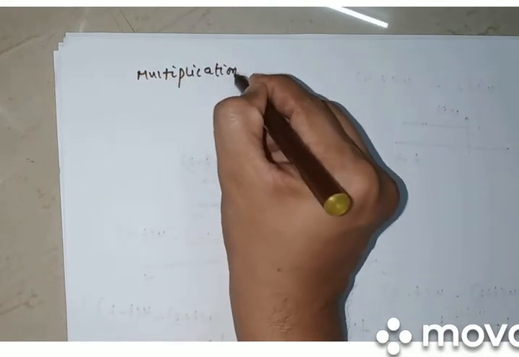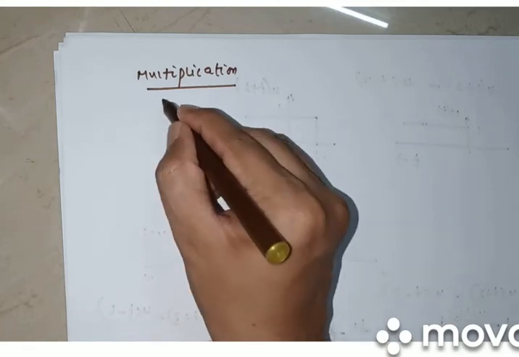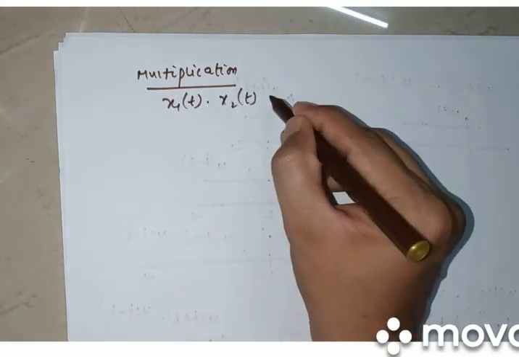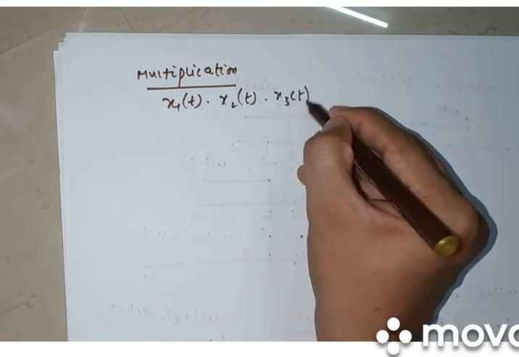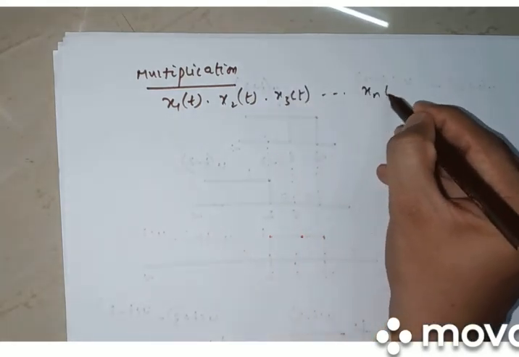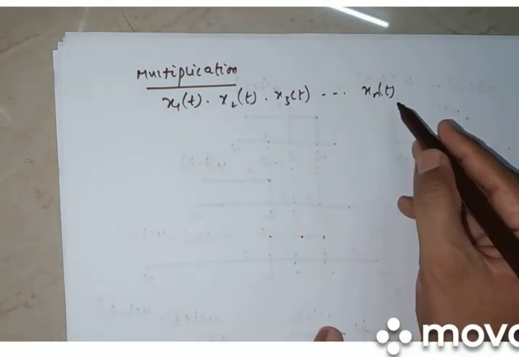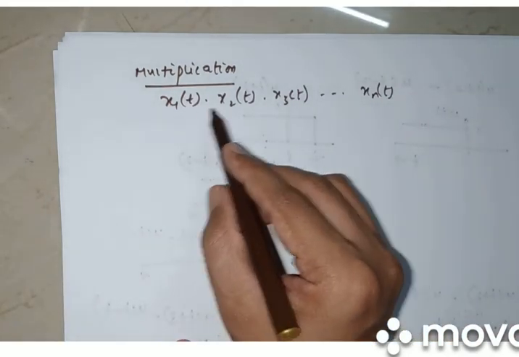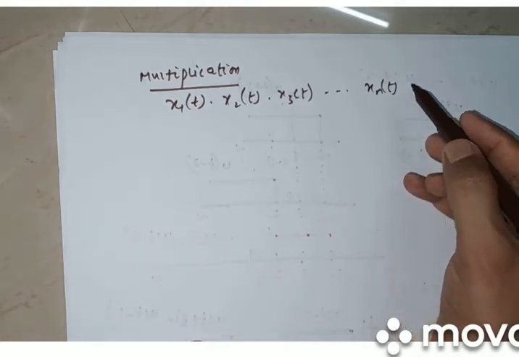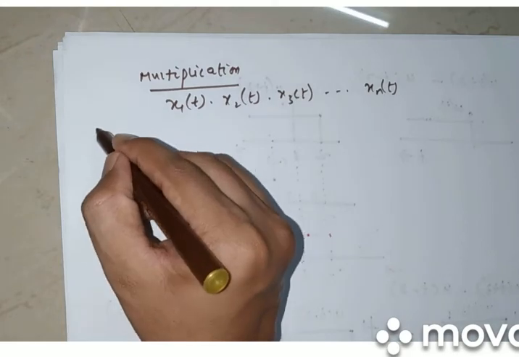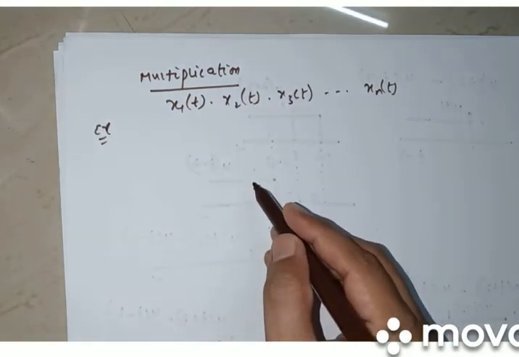Multiplication of continuous time signals x1(t) multiplied by x2(t), and if you want, multiplied by x3(t) up to xn(t). If x1, x2, x3, xn are continuous time signals, then the multiplication is simple, x1 to xn multiplication. Now how to do multiplication? Again, it is very simple.